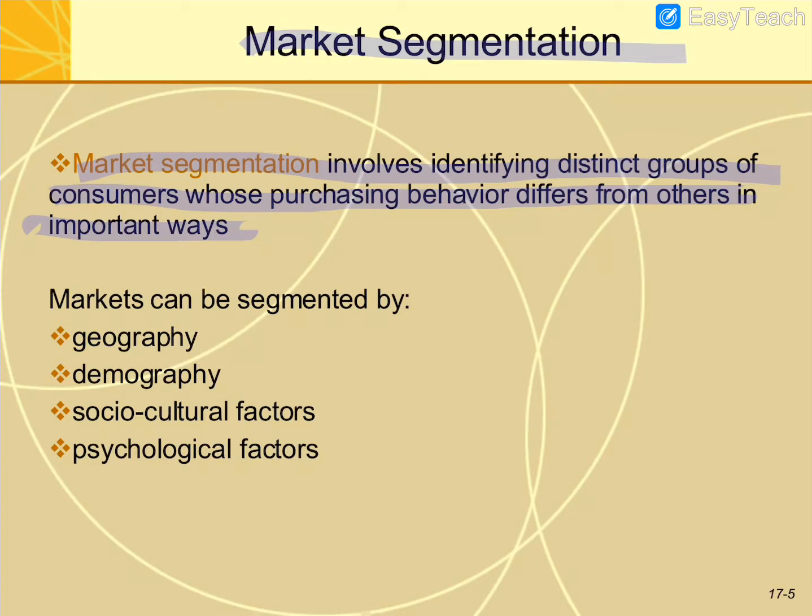You can categorize them into segments such as demographic, psychographic, behavioral or geographic. So normally you can segment the market based on geography, demography, social culture factors, and also psychological factors.